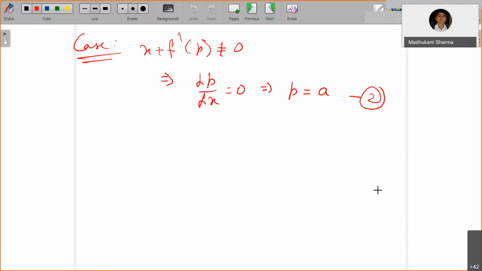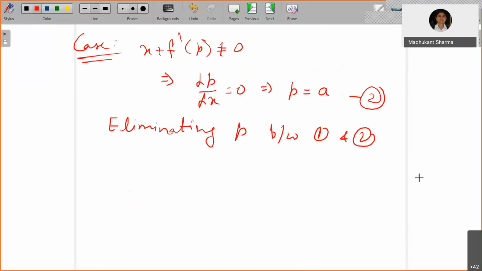Once you eliminate p between 1 and 2, what you get is y equals ax plus f of a as the solution. Here a is an arbitrary constant. So we have already obtained a one parameter family, which will be the general solution of this Clairaut's equation.